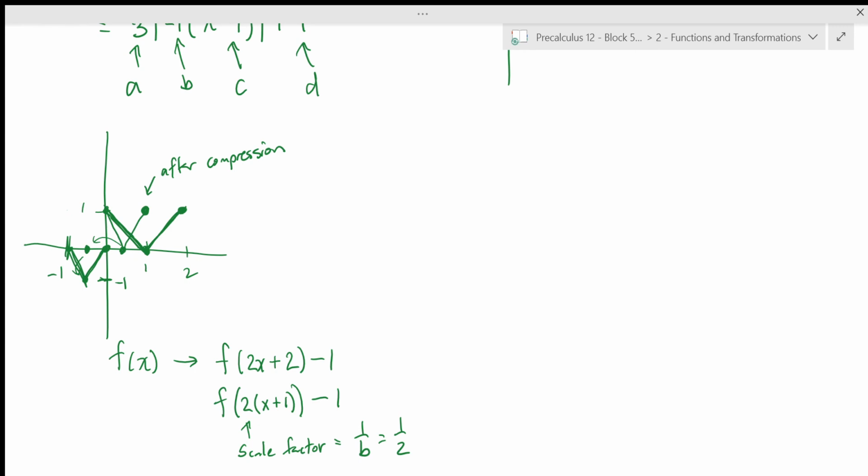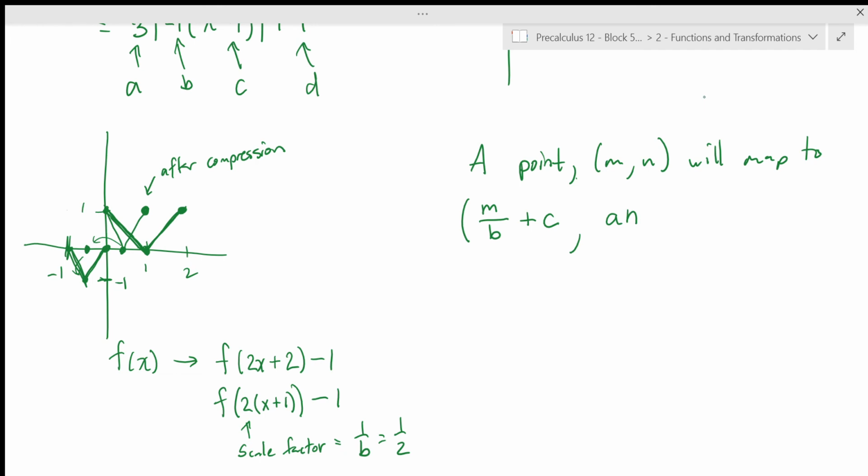For those of you who like a nice formula, we can generalize what's happening to each point. A point m, comma n will map to m divided by b plus c, if we're thinking of c as the positive number that's getting subtracted, for the x-coordinate. And our y-coordinate is going to be a times n plus d.